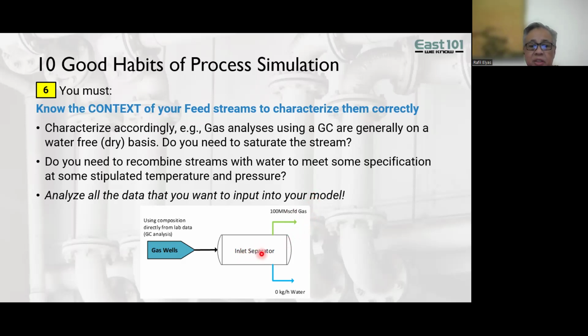But in reality, if this is coming from upstream, you do have some water in your system, hence this gas would be saturated. So if you wanted to perform a simulation for this system, even if your gas composition is bone dry, 100% dry, you need to look at the temperature and pressure of the system and determine how much water this would actually contain.